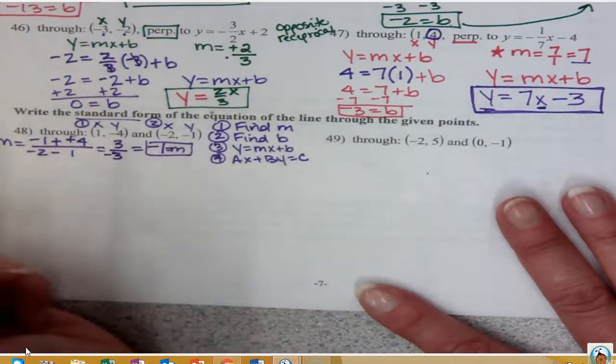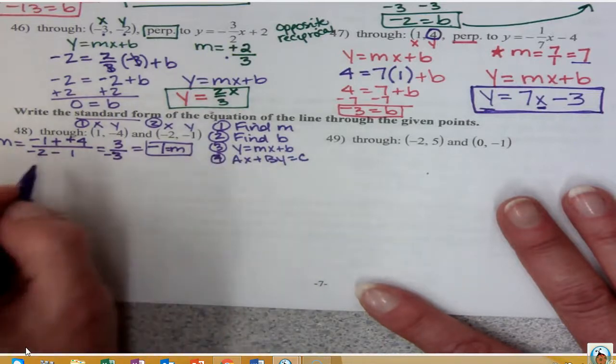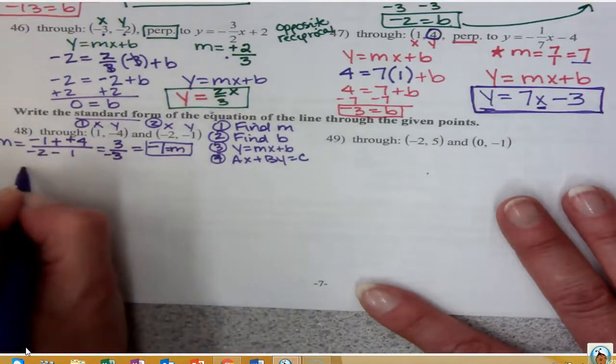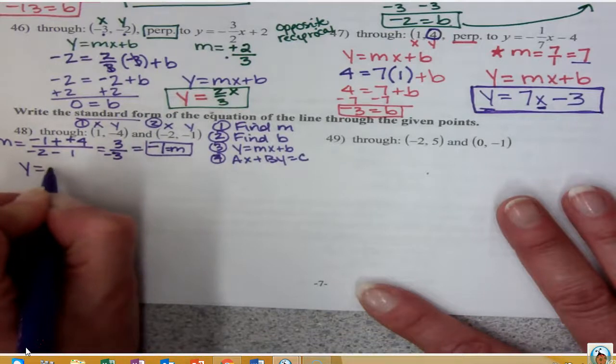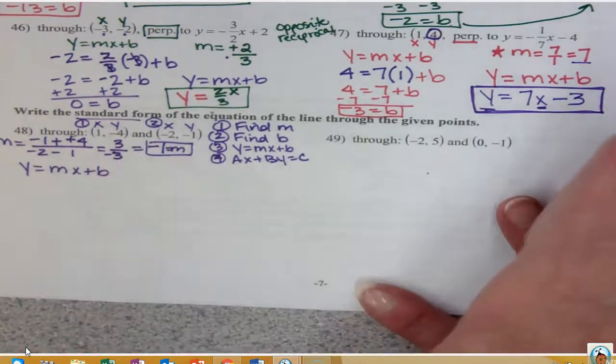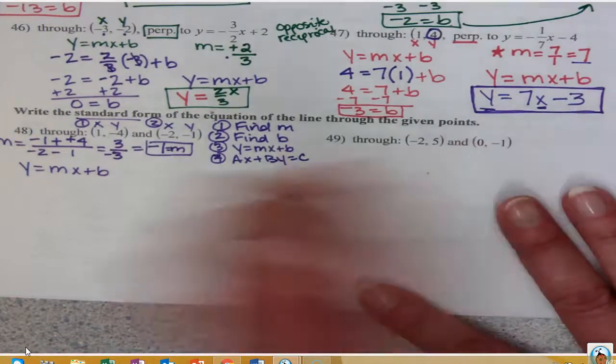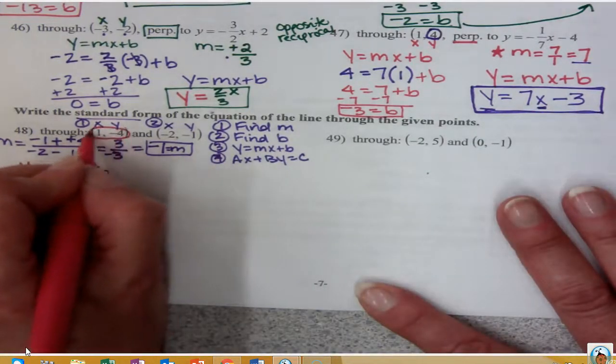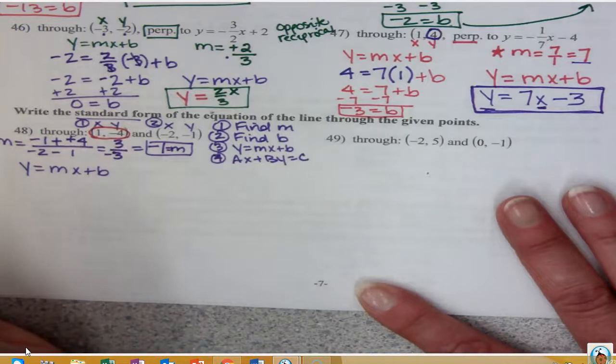Now I need to find my b, and in order to find my b, I need to substitute all those in. So I've got y equals mx plus b. I found my slope, and I can use these as my x and y coordinates.